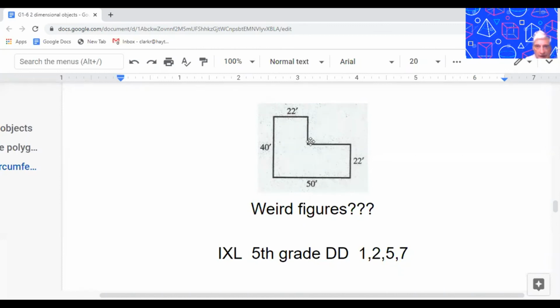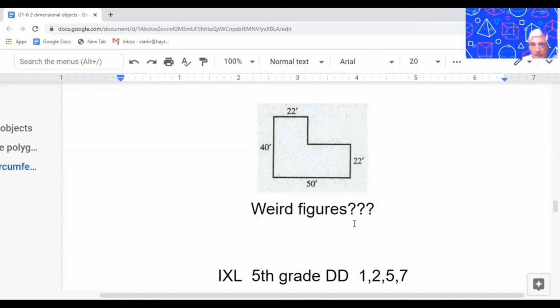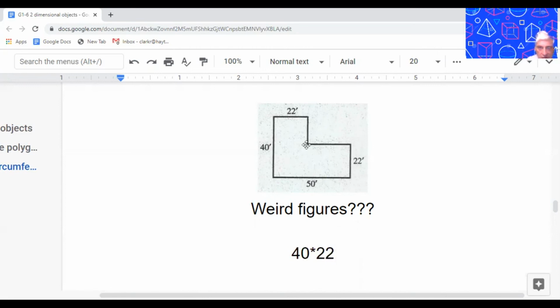If you could draw a line right here, straight down, you would have one rectangle that was 40 times 22. That is, if you draw this straight line right down, you get a rectangle.